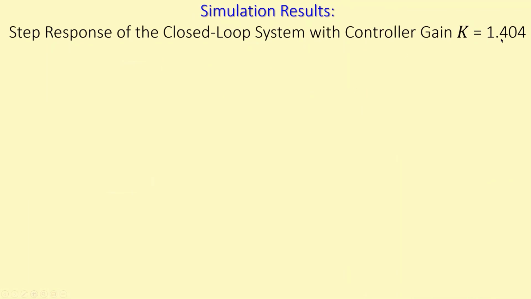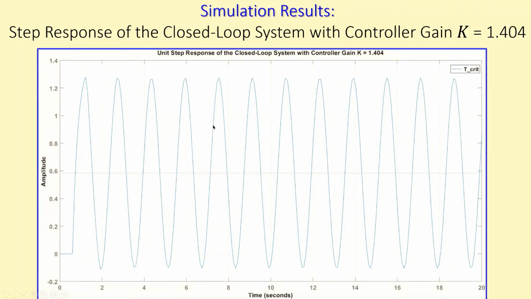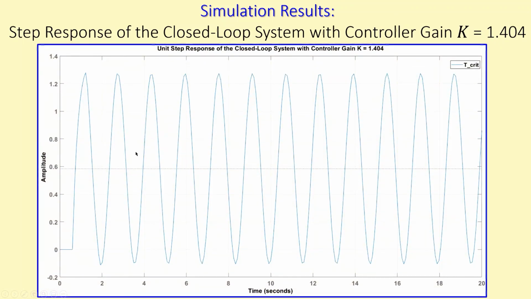Now if I look at the situation where the gain goes to 1.404, and again you look at the unit step response, I see that at that value of the controller gain the unit step response shows an oscillation. That means this is the edge of stability, and this is also the confirmation using a unit step response.